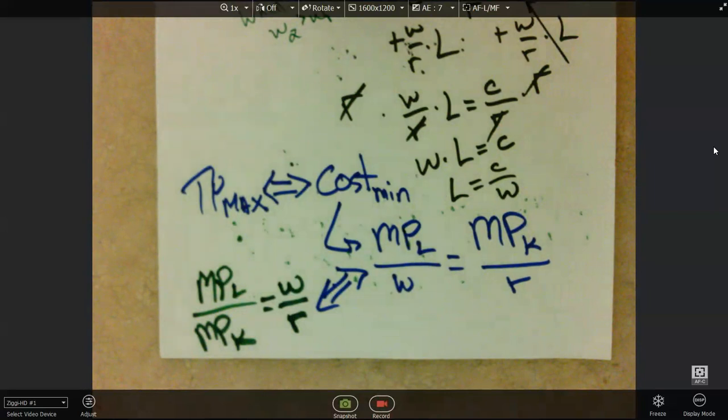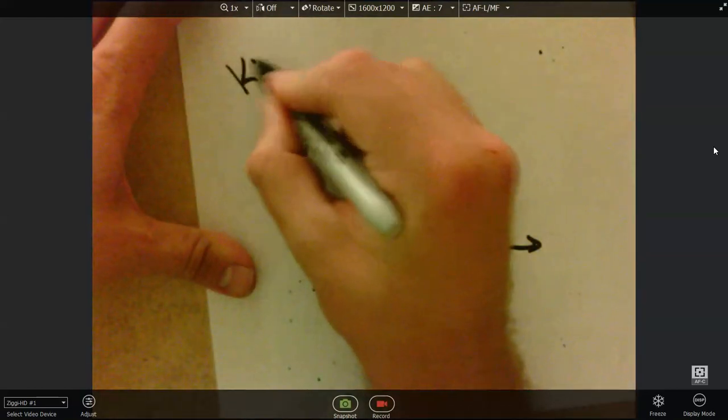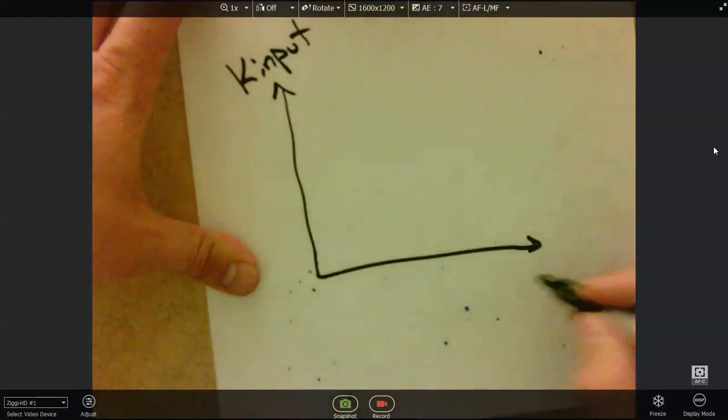So what does this look like graphically? We already did a little bit of this in class at the end on Wednesday. But what does this actually look like? So let's put it all together. We've got capital input. We've got labor input.